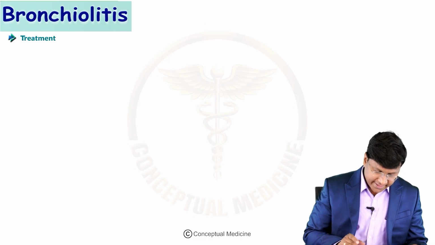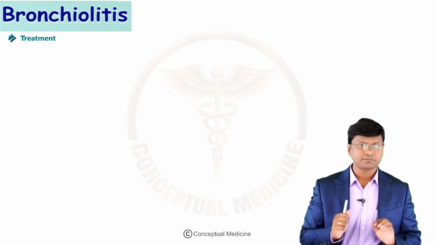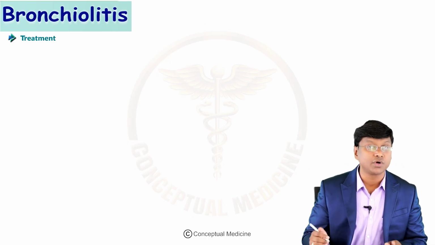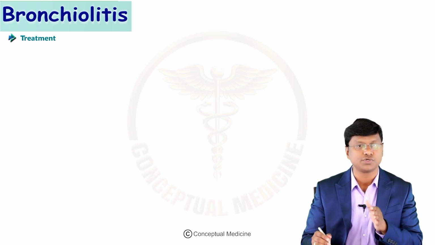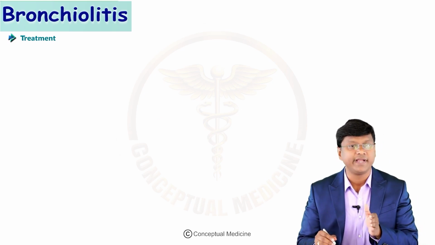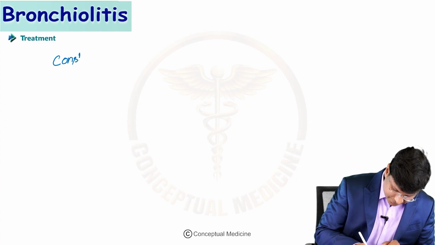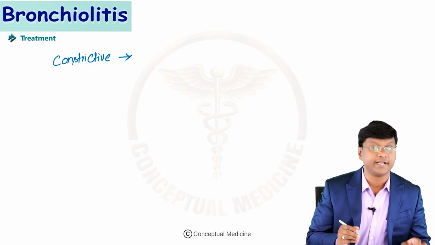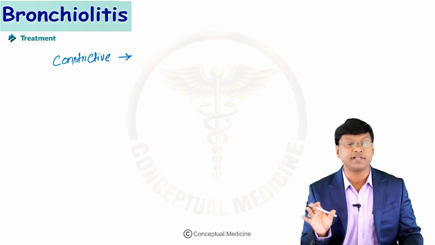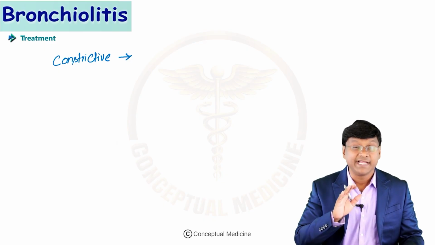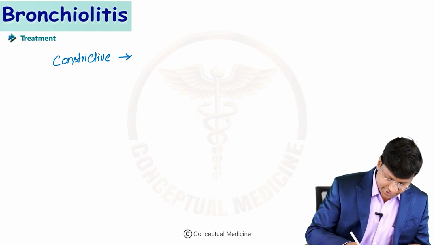Then finally, how do you treat these patients? First, take constrictive bronchiolitis, which is also called obliterative bronchiolitis. It is relatively unresponsive to steroids and is frequently a progressive condition.